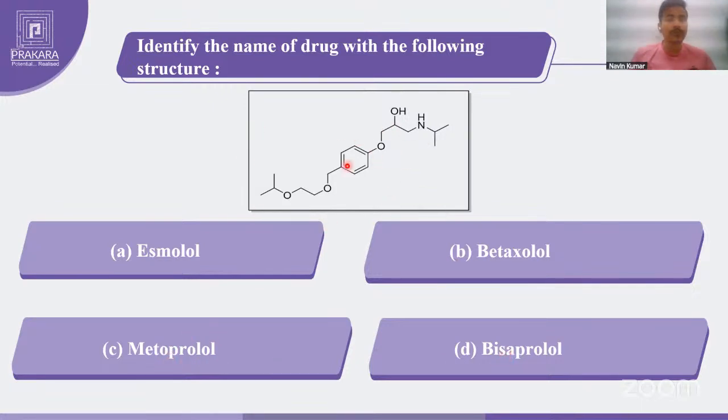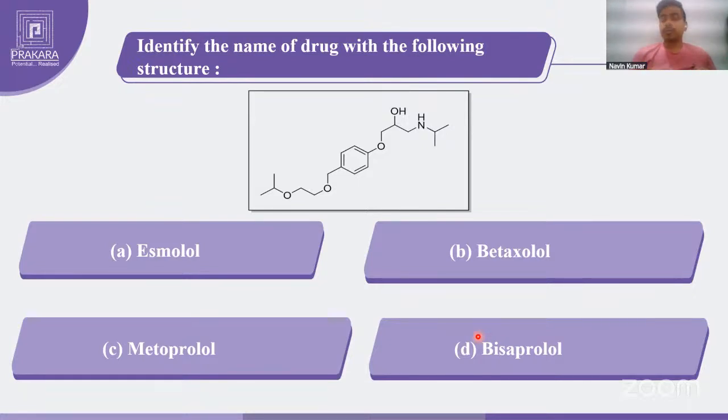In this kind of question, you need to remember the molecular structure of the drug. All four of these drugs belong to the category of beta blockers. So now we are going to see the structures of these four, and with the help of that, you will be easily able to find out which drug this structure belongs to.